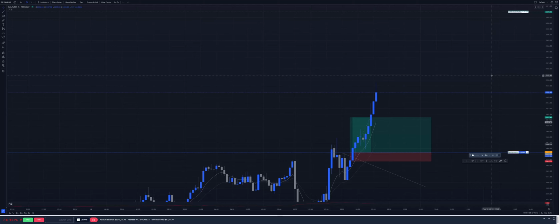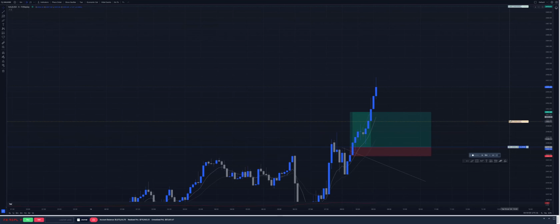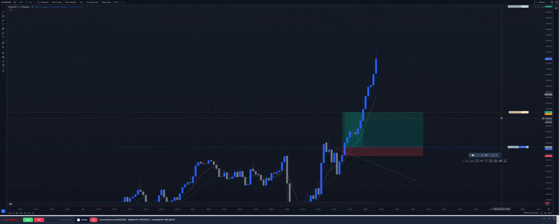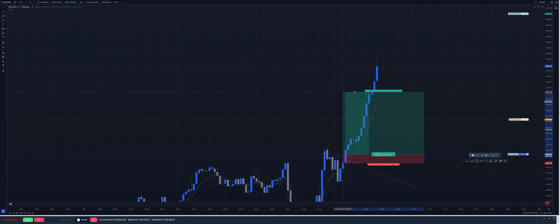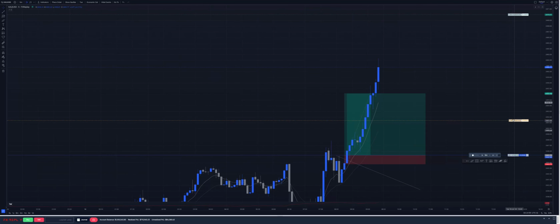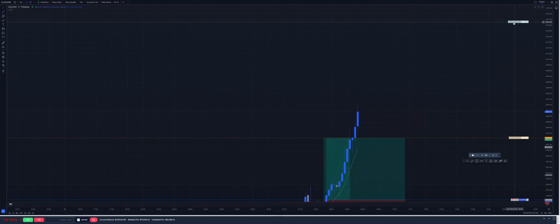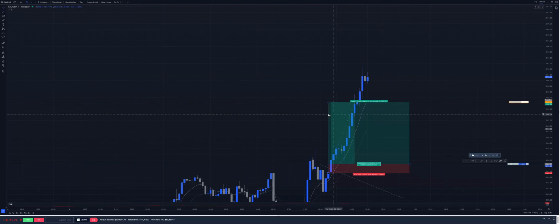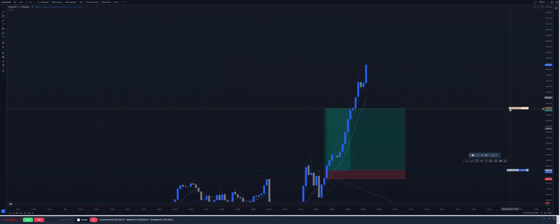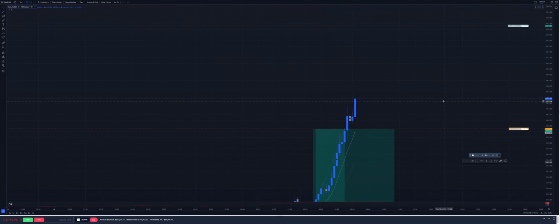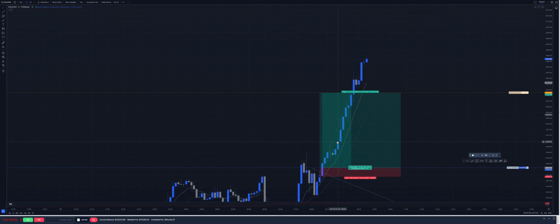Still waiting for strength to come in, managing to like 4R or something to secure a little bit. Nice little runner. Gonna manage to about 6.87. I might start incorporating partials, like a 50% partial would come back down to here. But 8.2R.